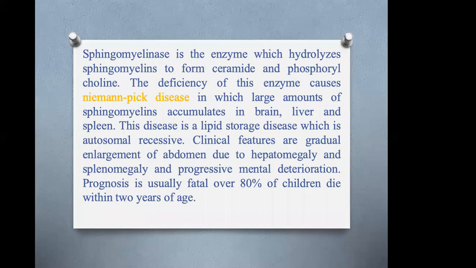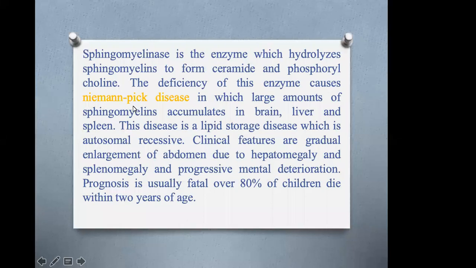Niemann-Pick disease. Sphingomyelinase is the enzyme which hydrolyzes sphingomyelin to form ceramide and phosphorylcholine. So sphingomyelinase deficiency leads to Niemann-Pick disease, in which a large amount of sphingomyelin accumulates in the brain, liver, and spleen.